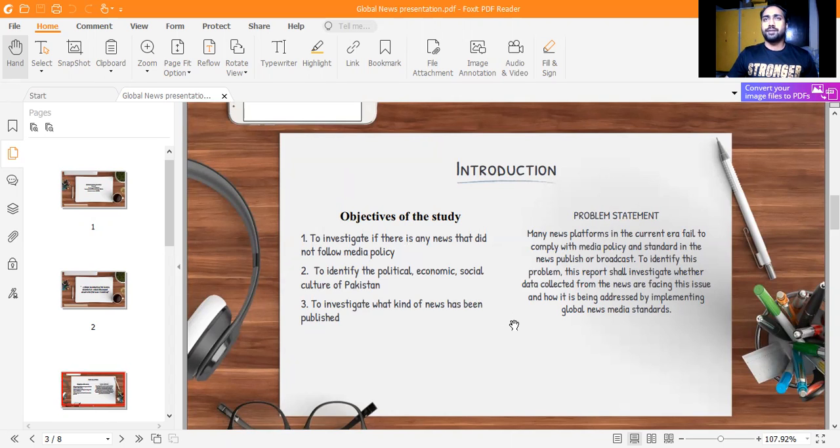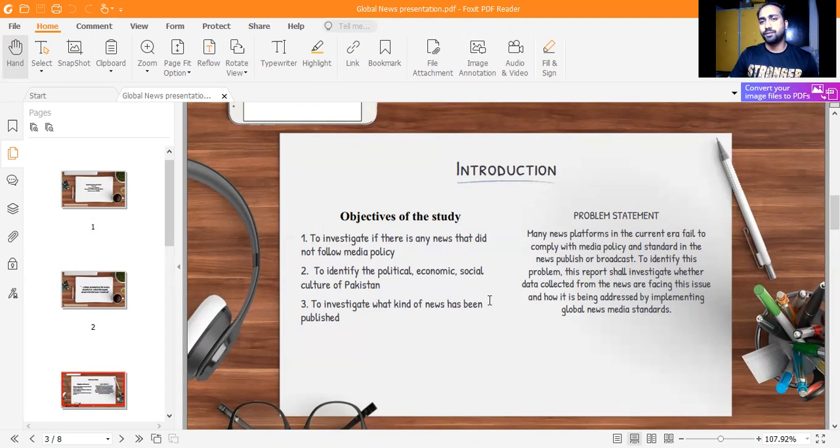For part one and part two, this is the objective of our study: to investigate if there is any news that didn't follow the media policy, to identify the political, economic, social and cultural aspects of Pakistan, and to investigate what kind of news has been published.